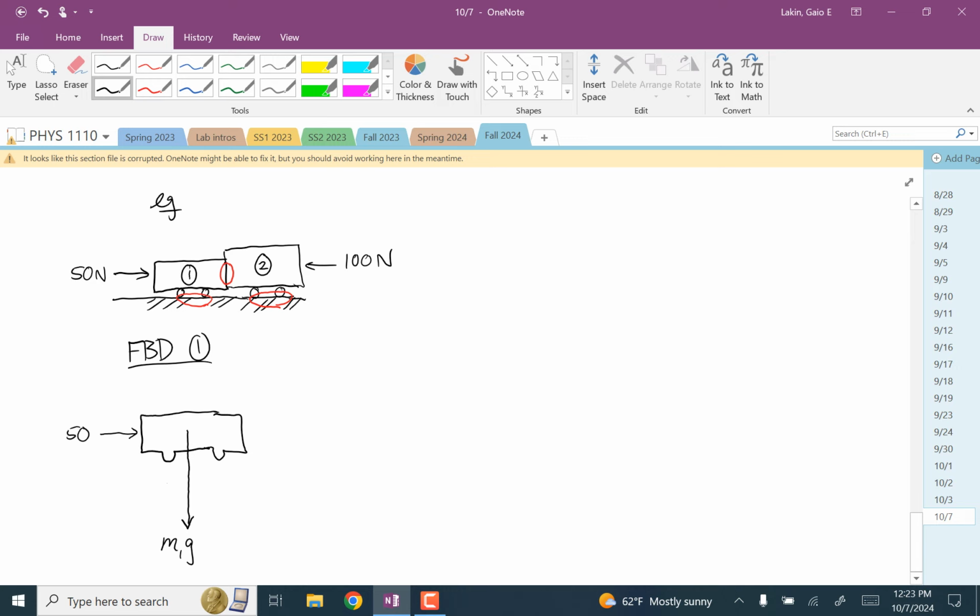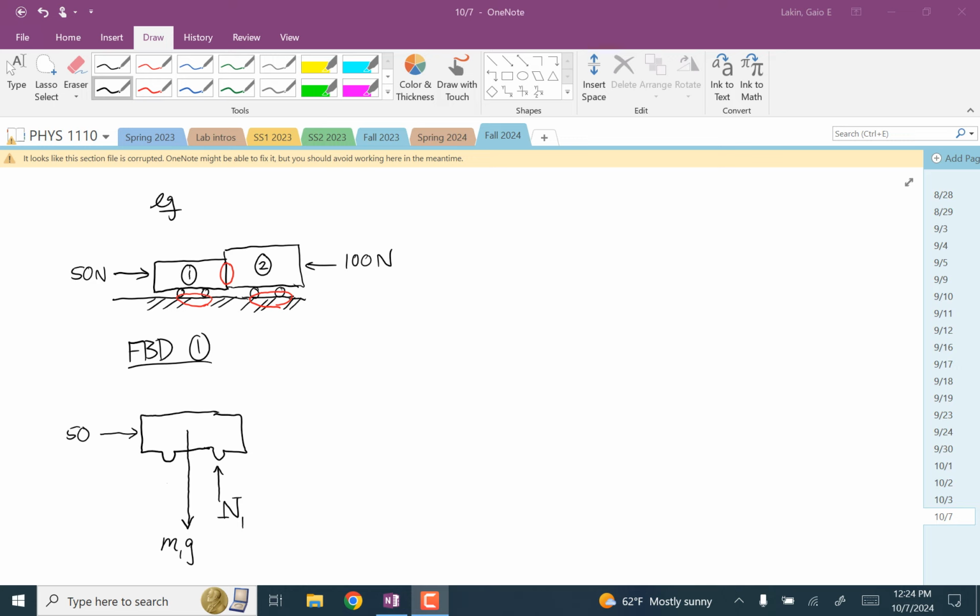It's perpendicular to the ground, perpendicular to the floor, toward the chosen body, so this way. And now I just have to give that a variable name. I'm going to call it N for normal force, and I'm going to give it the subscript 1 because I'm going to use N2 for the other one. So that's the first place where the surroundings make contact with body 1.